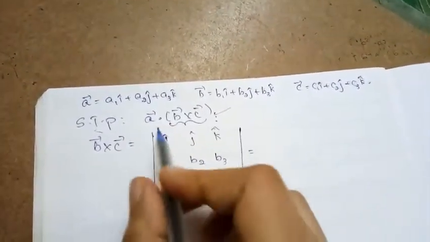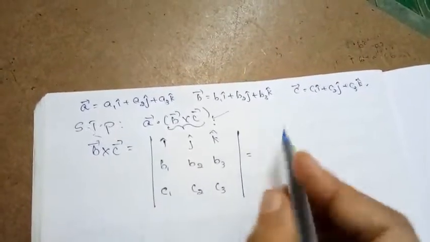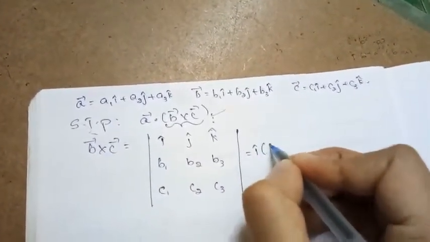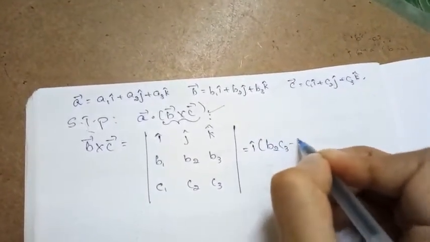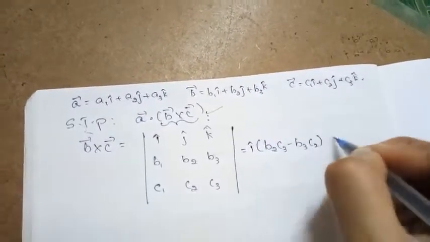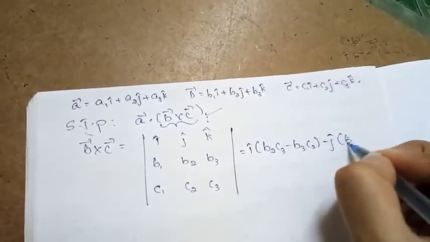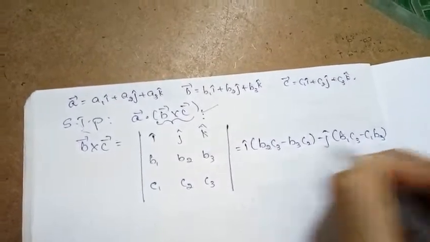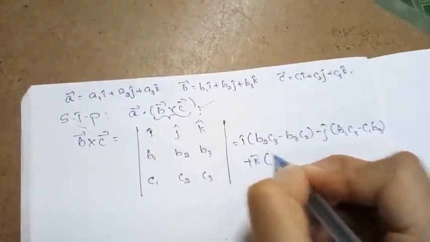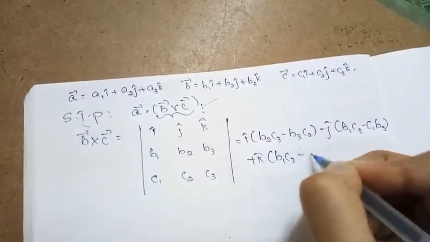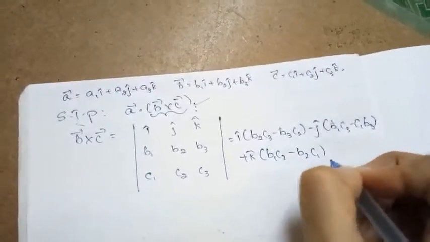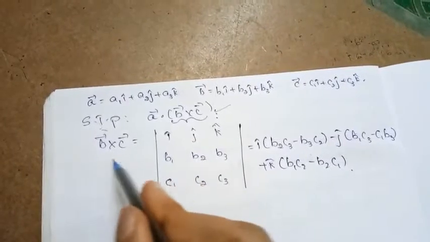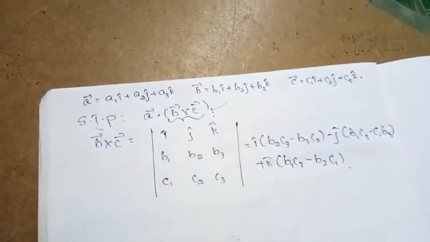Now if I expand this determinant along the first row, it is i cap (b2 c3 minus b3 c2) minus j cap (b1 c3 minus c1 b3) plus k cap (b1 c2 minus b2 c1). So this is the expansion of this determinant along the first row.